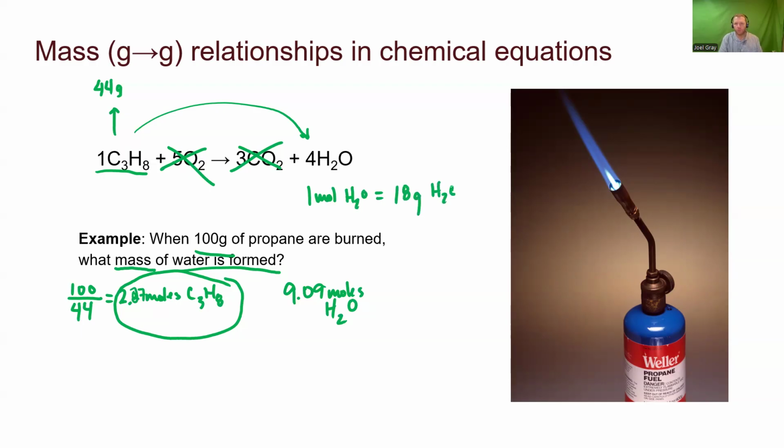So 9 moles of H2O, if 1 mole is 18 grams, how many grams is 9? And our answer was about 163 grams of H2O. Can everyone confirm that they understand this last part, 163.62? Thank you.